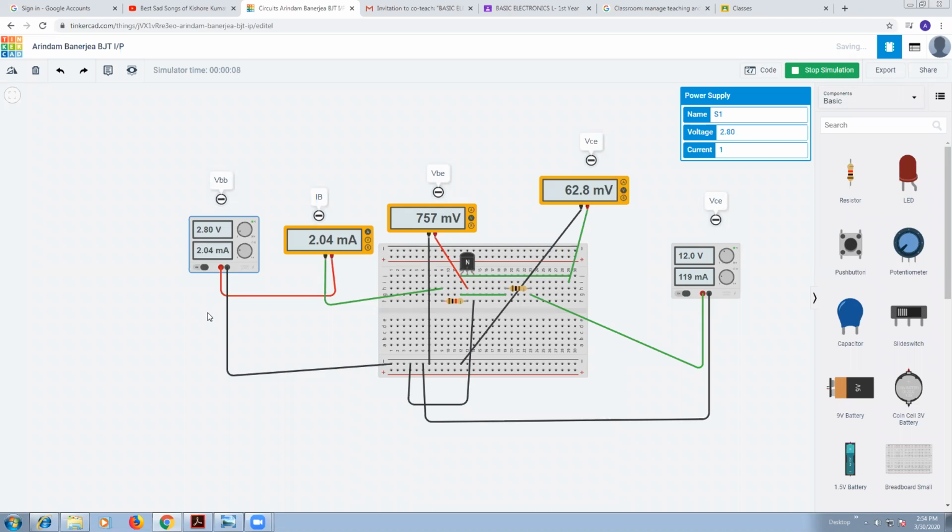Any problem, students? Do you have any problem or any doubt? Mention in the chat box. If you have any doubt, please mention in the chat box. Students, please respond in the chat box.